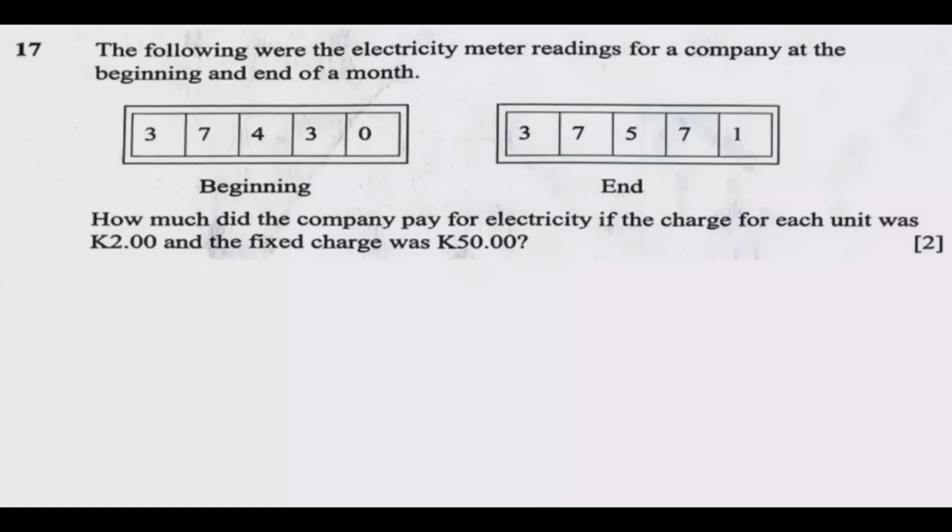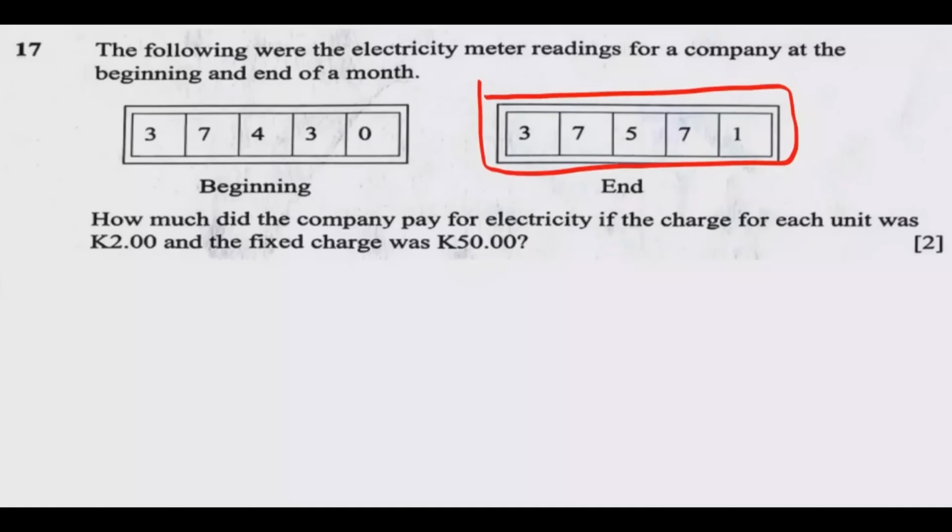Okay, so what we need to do is first find out how many units they used in a month. So to do that, we will get the number on the end of the month and put it on top.